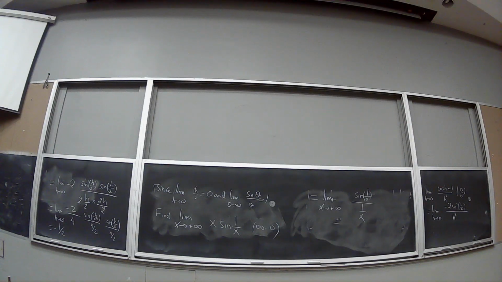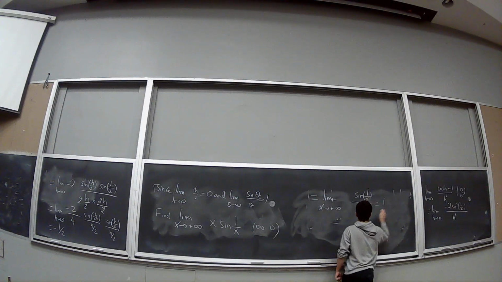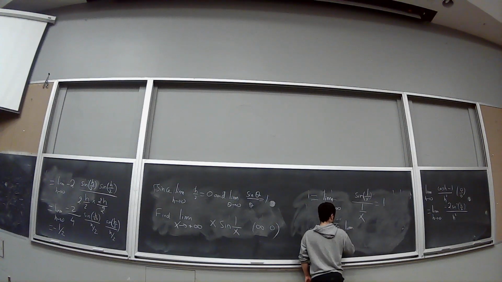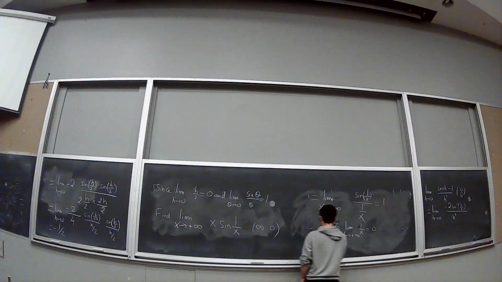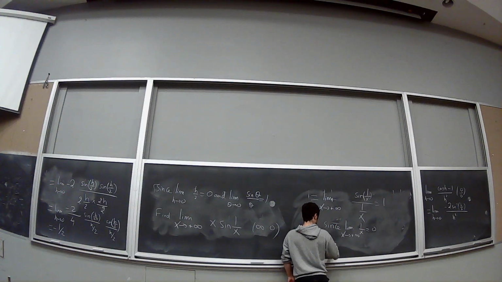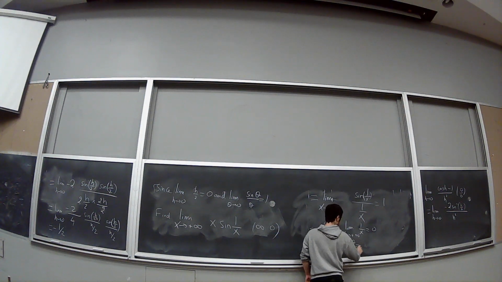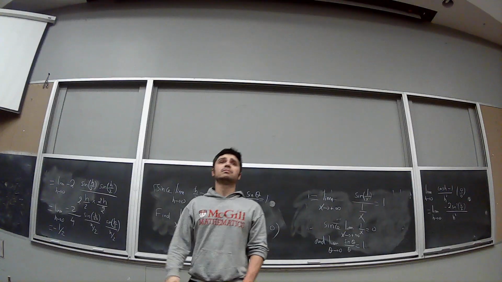Sine of something over the same something as this something goes to 0. What is that? 1. This is just 1, since the limit of 1 over x is 0, and the limit, let's say theta goes to 0, of sine theta over theta is 1. Okay. Are we good here?